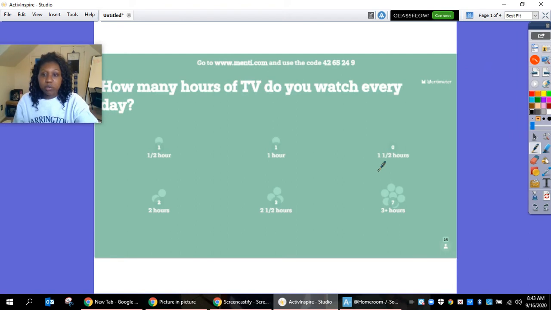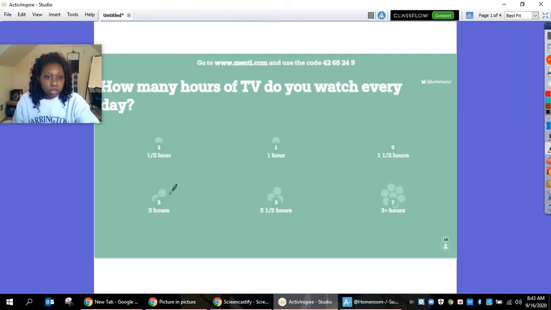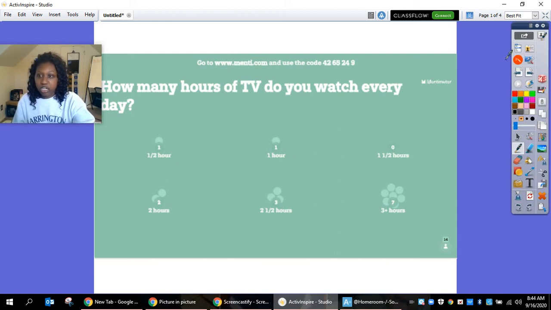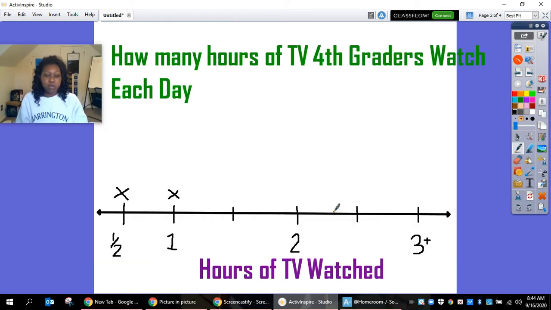One and a half hours, 0 people. Don't need to do anything with that. Oh, wait, I do. I need to make sure that 1.5 is on my line plot because we talked about the fact that we need all numbers, even if there was no data points there on our line plot. So 1.5. Where did 1.5 go?